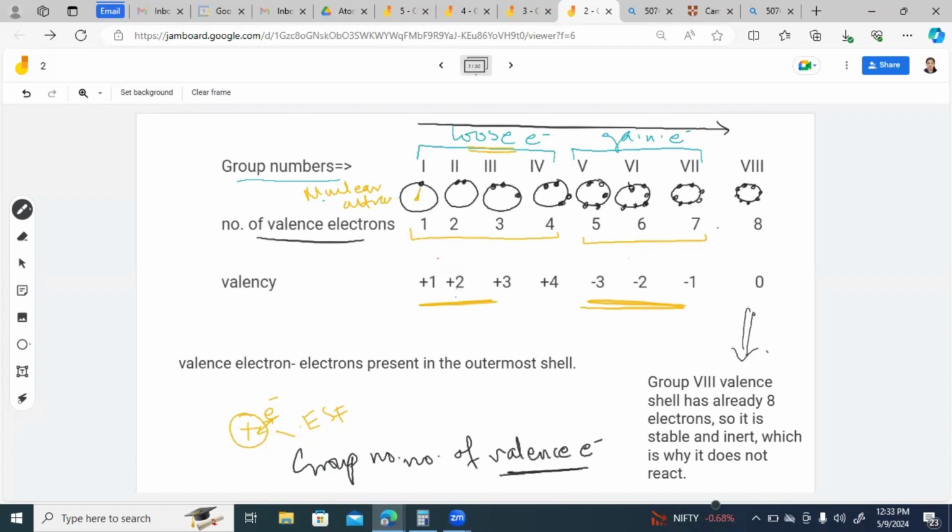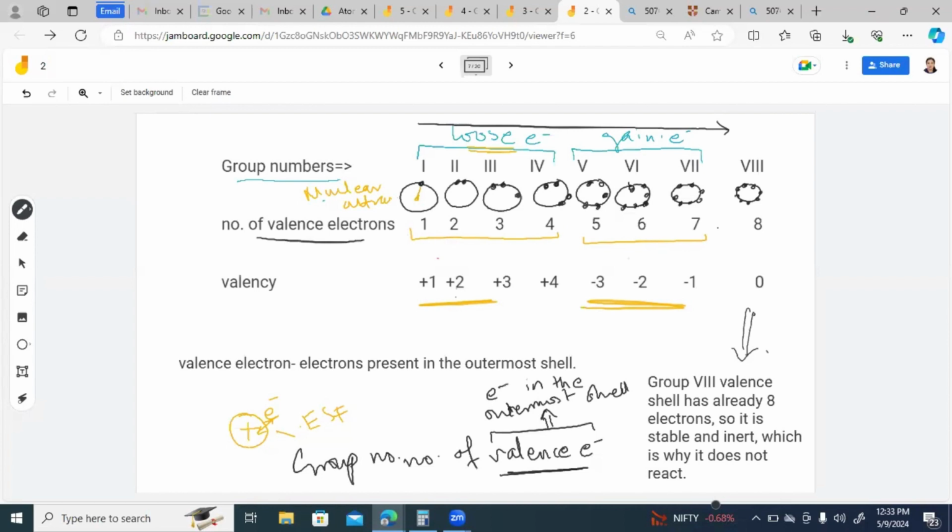Once in a paper it was asked what the word valence electron means: an electron in the outermost shell. How many valence electrons are there in group 7? Very good.